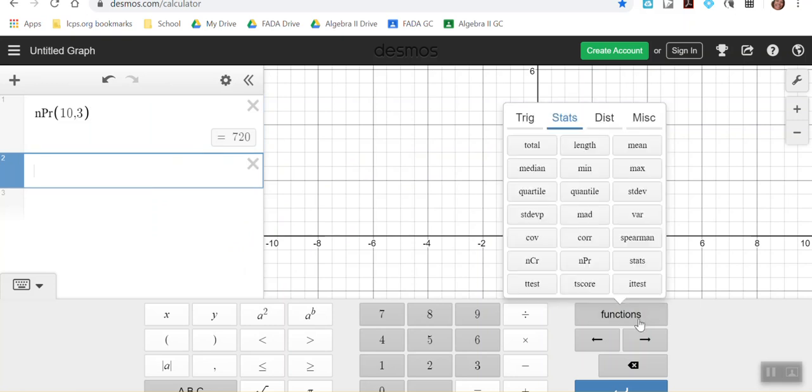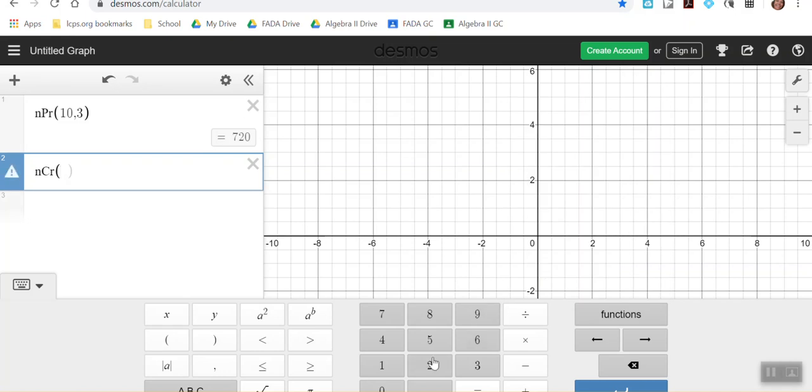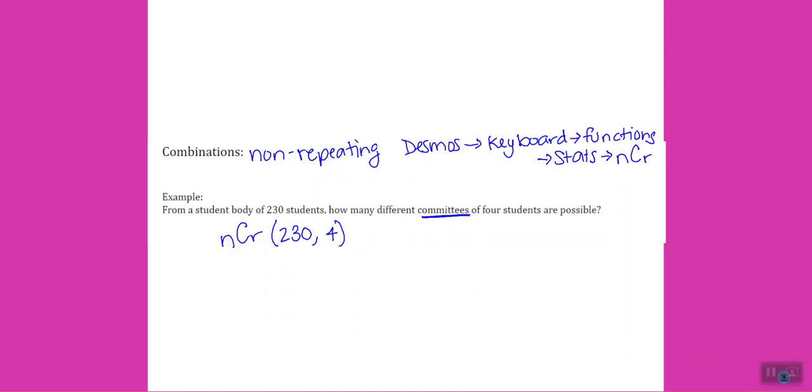So functions, it's on my stats tab. NCR, 230 students, and we're selecting 4 of them. So there's 113,582,855 possible groups we could make from that.